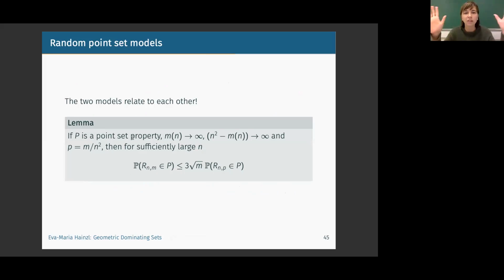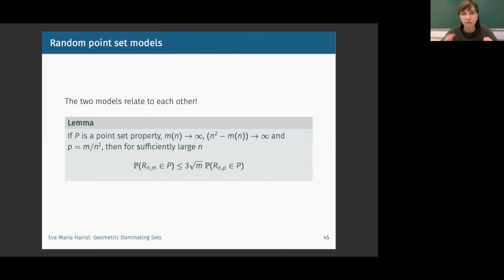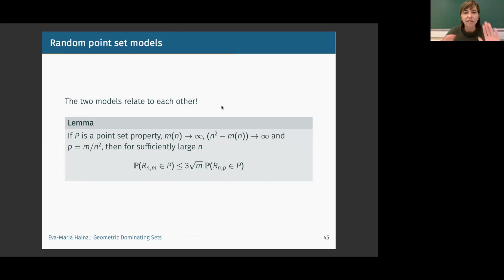Okay, so the two models relate to each other. This is, for example, a lemma that relates these two models, and basically it says that P is a point set property, like, for example, that P is a dominating set would be a point set property, and then M and m have to satisfy certain conditions.